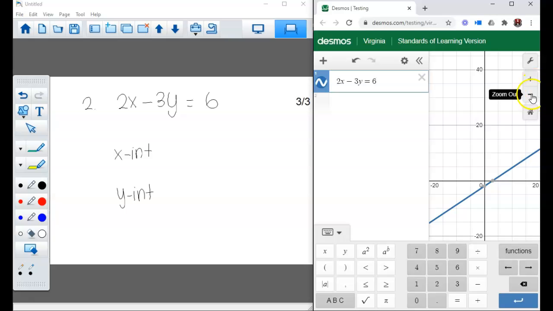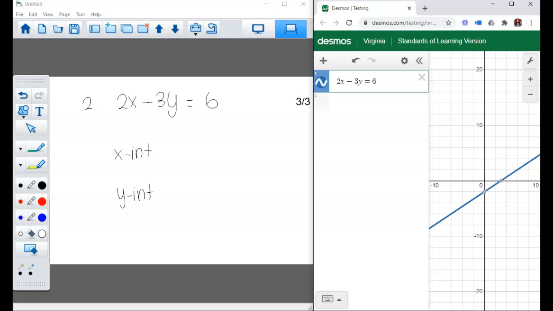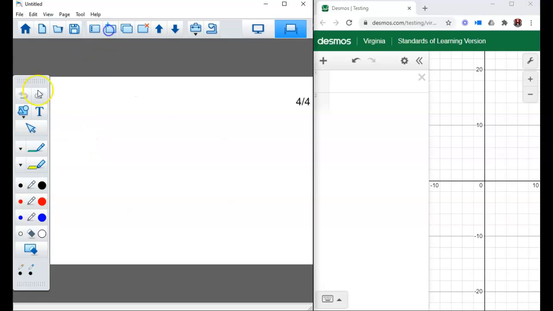I think I'm going to zoom in a bit. Okay. So first I'll go to my x-axis and click on that point. I get 3, 0 for my x-intercept. And then I'll go on my y-axis and click on that point, and I get 0, -2. So this is just a quick review of what we did yesterday before we move on to something new today.